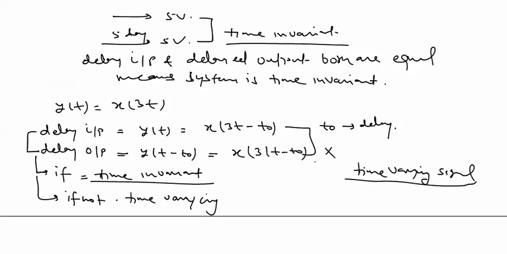We apply the same idea to a question that came in the GATE question paper. y(t) equals the integral from minus infinity to 2t of x(tau) d tau. We want to check whether it is time invariant or variant.